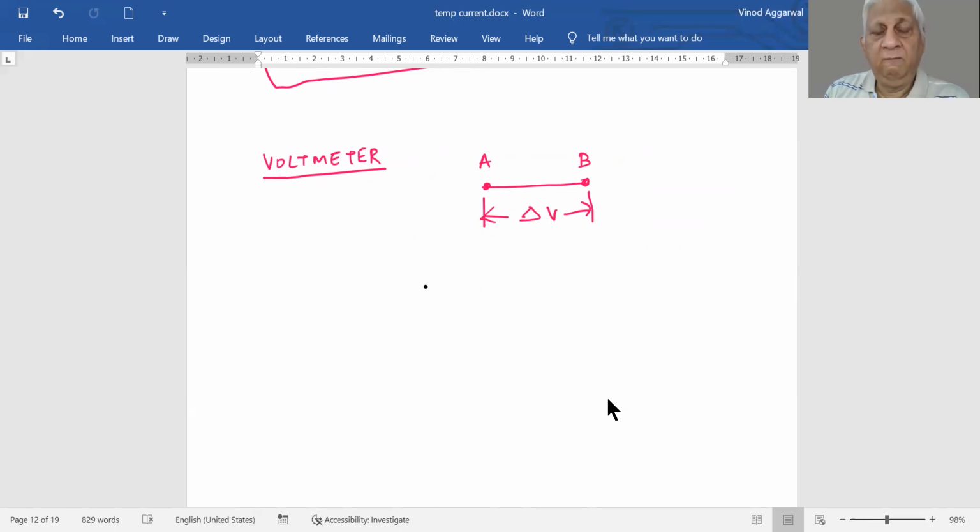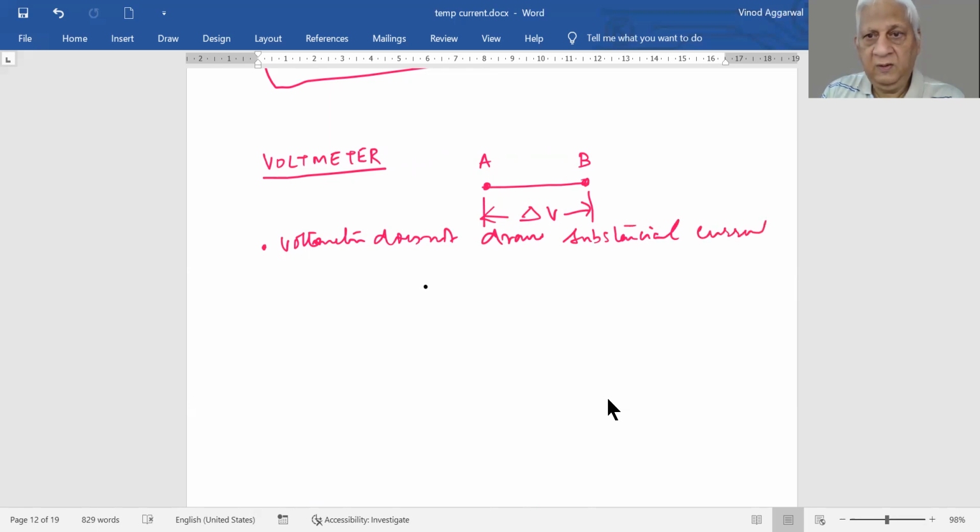Now, while doing so, we must ensure that the voltmeter does not draw substantial current so as to upset the basic circuit.